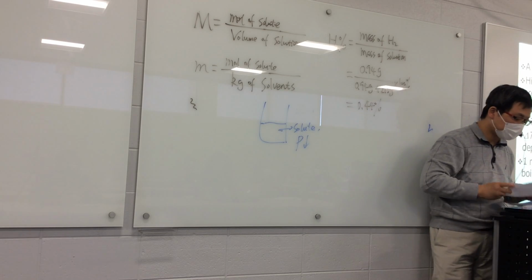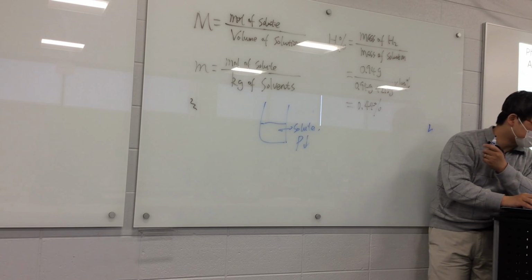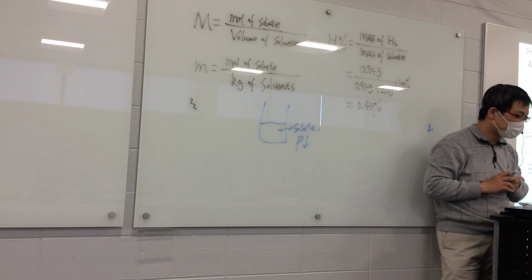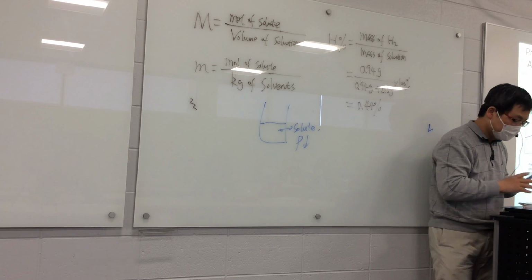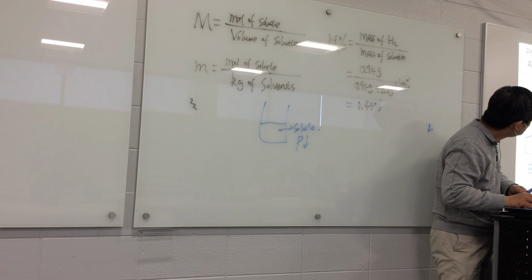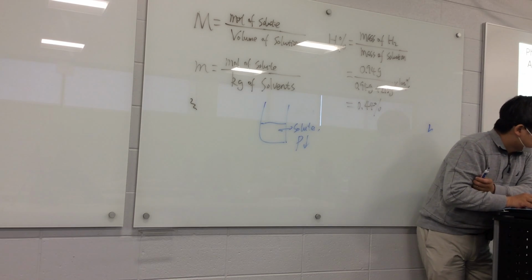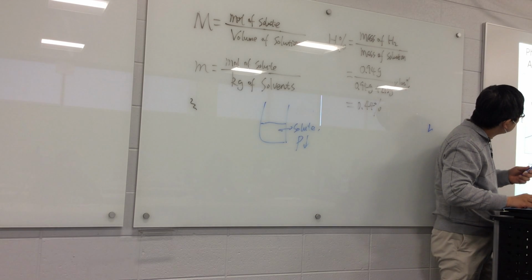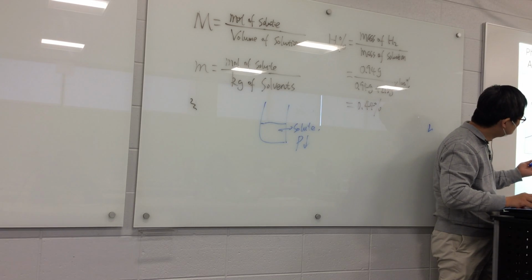Or let me jump to this. Here, you can take a look at this phase diagram. Here you see the pure solvent. Pure water. The solid curve represents the phase diagram of pure water.